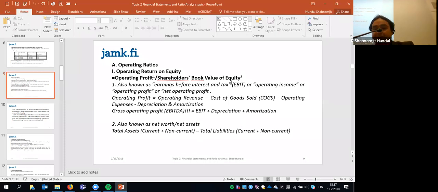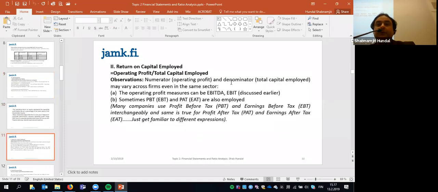All right, but we also have the debt capital. So when I add total capital, equity plus debt, it becomes total capital employed. Once again, the numerator would be our net operating profit, which is EBIT or PBIT.